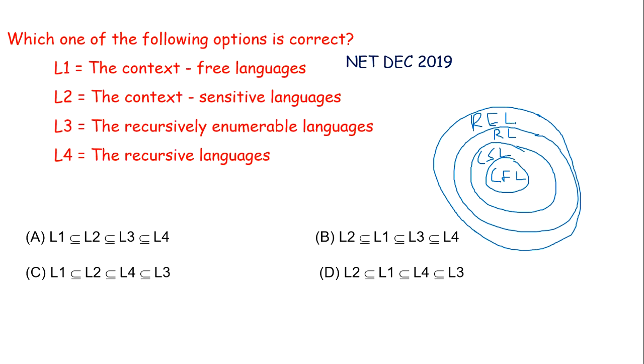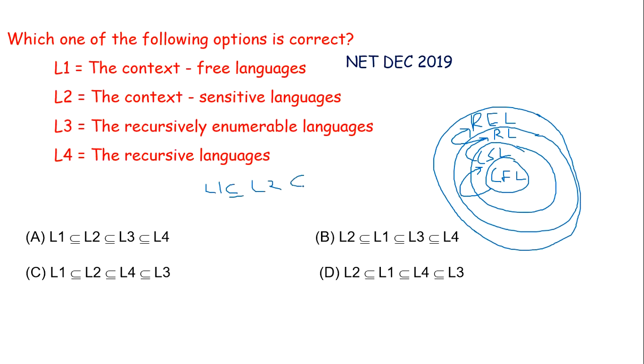So we can say that CFL is a subset of CSL, which is further a subset of RL, which is further a subset of REL. So our right relationship will be L1 is a subset of L2, that is context-sensitive language.